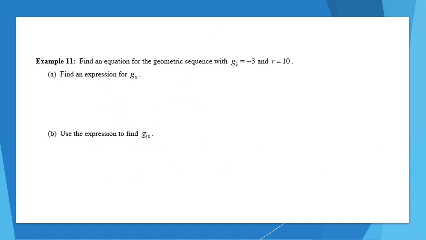For 11, same thing. So try this one here, except now you have a negative number. So this is going to be g of n equals g of k times r to the power of n minus k. This is then g of n equals, this is going to be set to our g of k. This should be negative 3 times our ratio of 10 to the power of n minus 3.